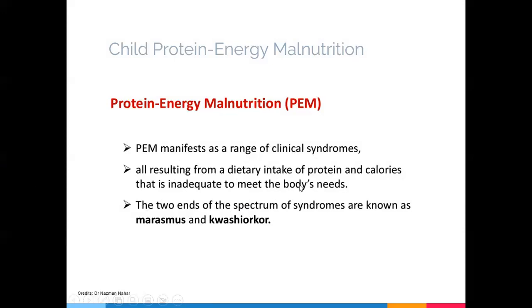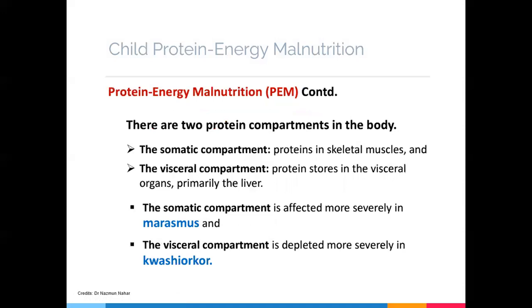So let's distinguish these types of PEM according to what component of the diet is lacking. First, let's get acquainted with the two protein compartments in the body. So we have the somatic and visceral. So somatic compartment is just composed of your skeletal muscles. Okay, so the muscles that surround your skeleton or the bones.